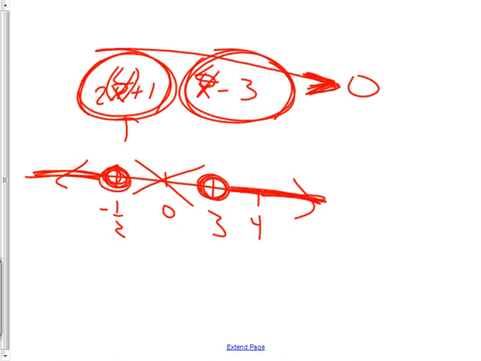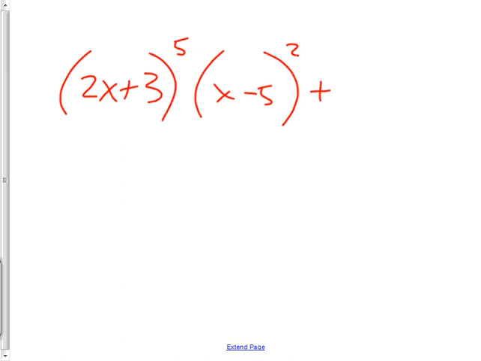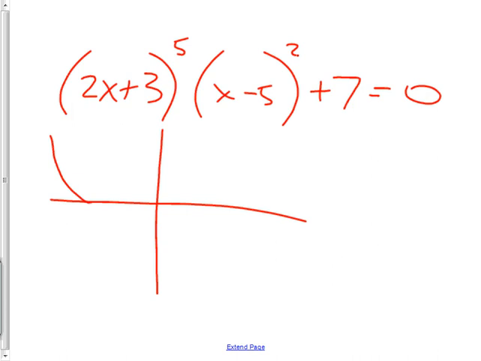All right. And then the harder kind you'll have like this. That's just an awful, nasty one. What do you do with it? You graph it. Once you're done graphing it, let's say it does something like this. And if I want to have it be greater than or equal to 0, then where is it greater than 0? Wherever it's above the line.